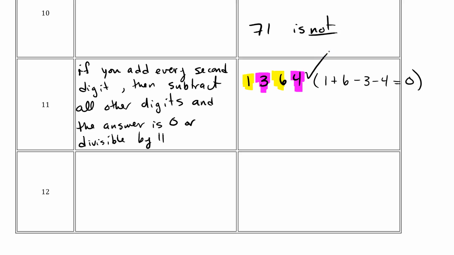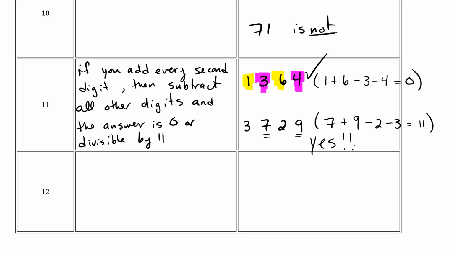So we know that this number is divisible by 11. What about the number 3729? We're going to say 7 plus 9 minus 2 minus 3, and that equals 11. So yes, it's also divisible by 11.